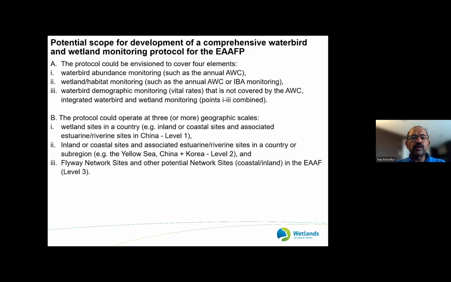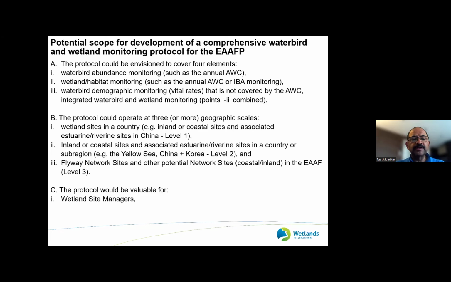We could look at the protocol being developed at different scales. This could be just for single sites, or sites across the country, focusing on certain types of sites, subsites, and then right across the flyway. So these are things that need to be discussed further, and in developing such a protocol we would like to be really clear on who the users of this information are.